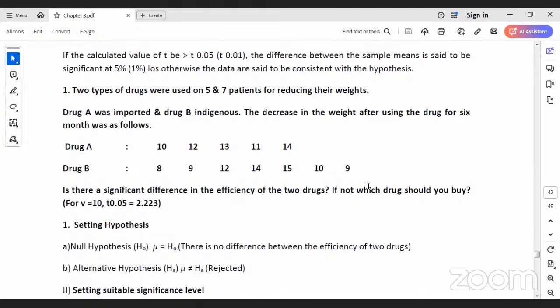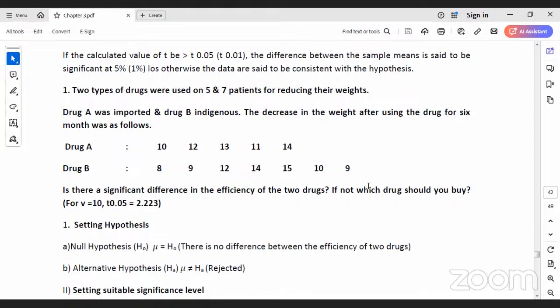Drug B: 8, 9, 12, 14, 15, 10, 9. So is there a significant difference in the efficiency of the two drugs? If not, which drug should you buy? For v1 is equal to 10, t 0.05 is equal to 2.223.